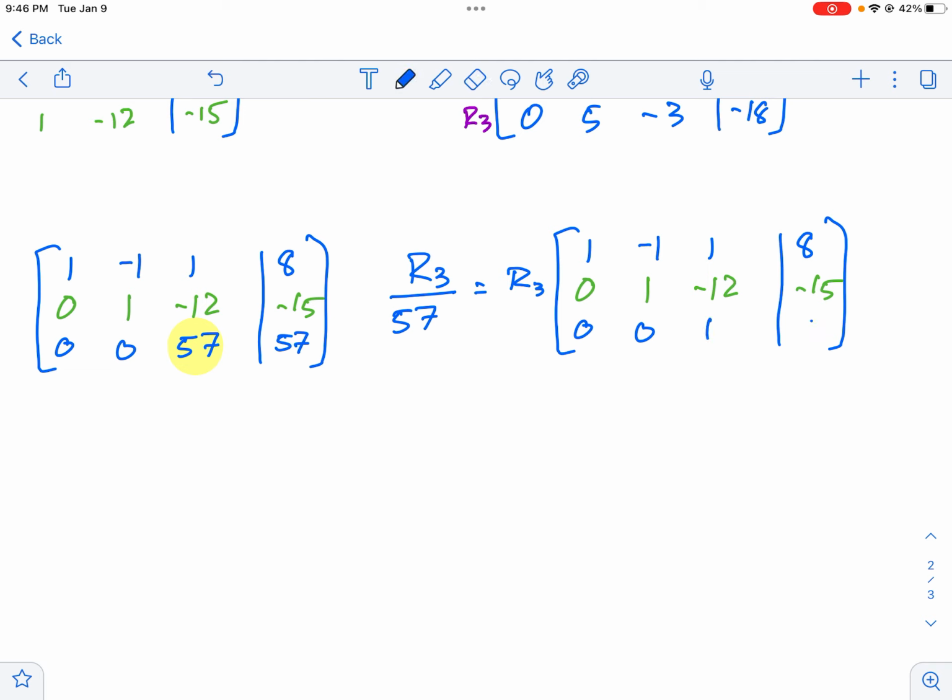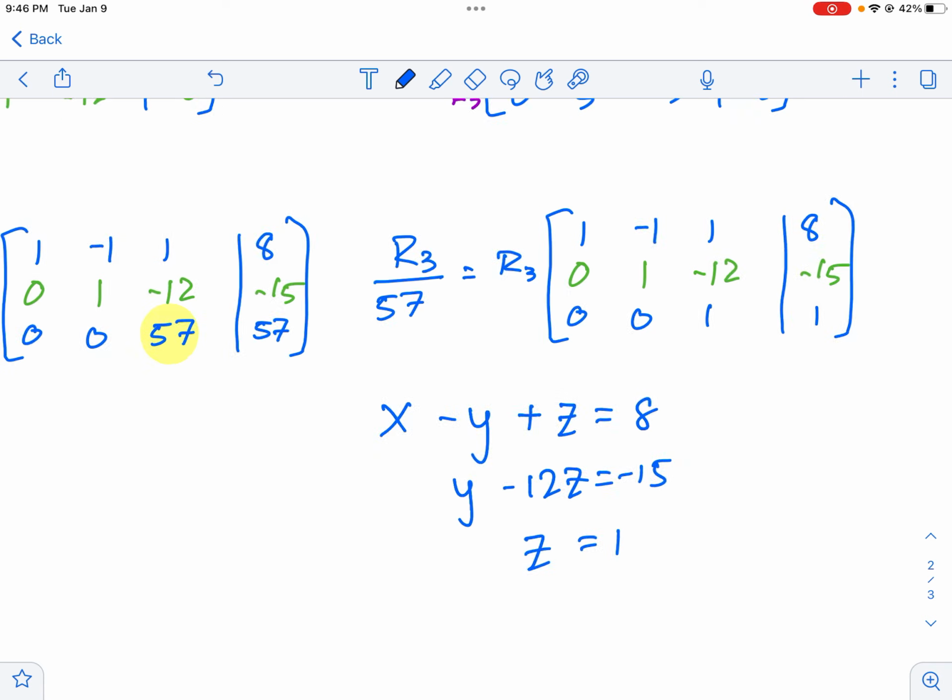So that tells me that, I'm reading the row 1 is 1x minus y plus z is equal to 8. Y minus 12z is equal to negative 15. And z is equal to 1. So now I know what z is equal to.